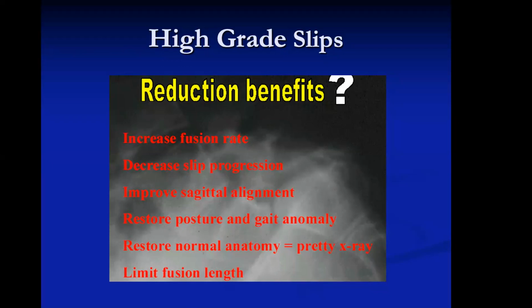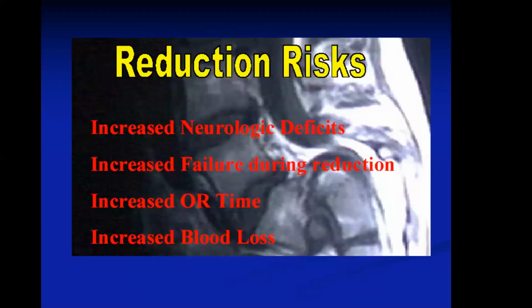Because if you fuse in situ, the sagittal balance is still unattended, so there's a possibility that the implant might break or loosen, and the slip might progress. And of course it improves your sagittal alignment and gait, etc. So these are the benefits of reduction.